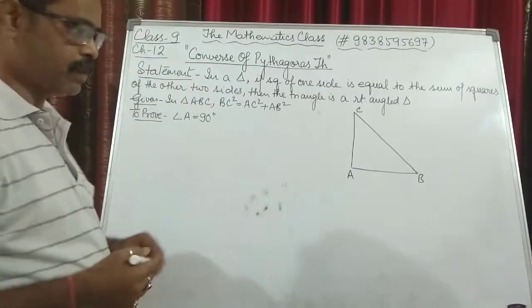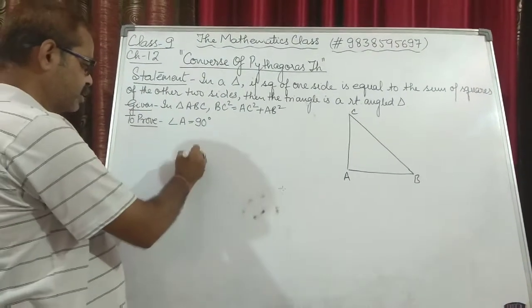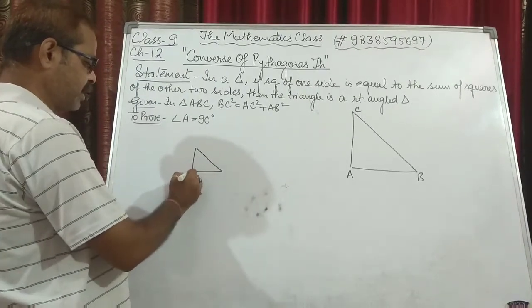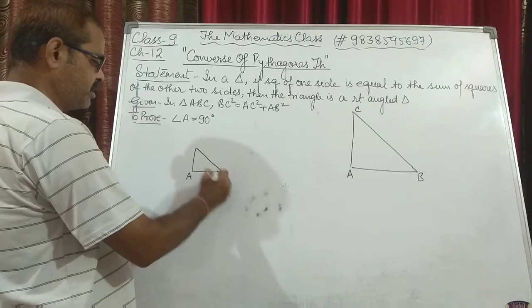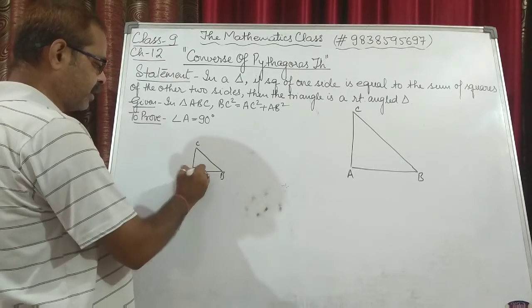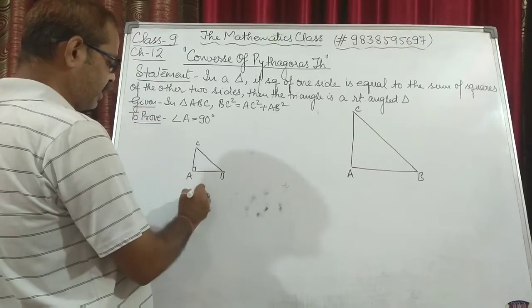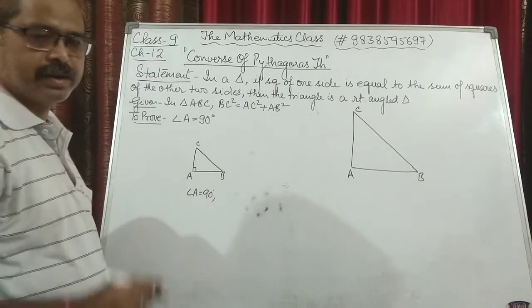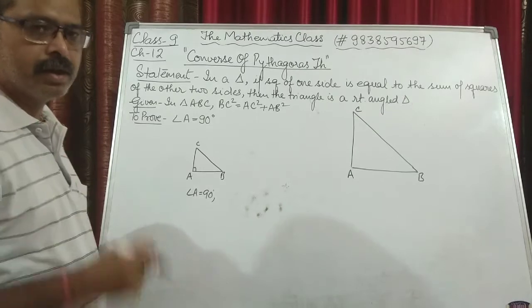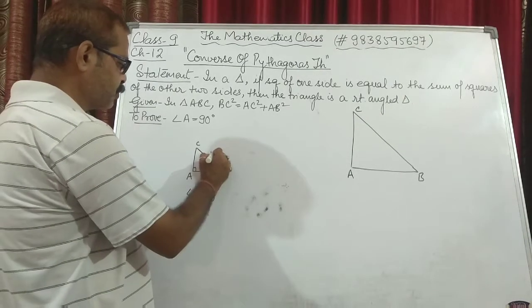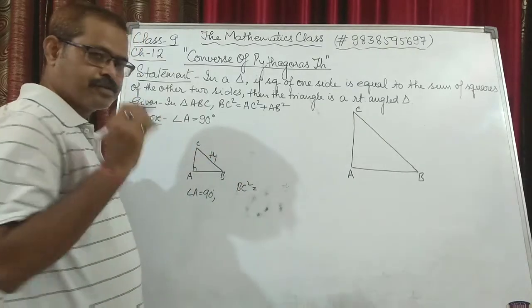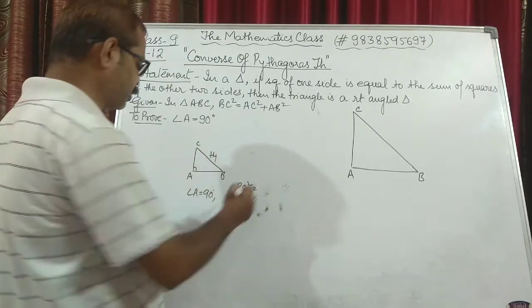So what was the Pythagoras theorem? It stated that in a right angled triangle, if ABC is a right angled triangle in which angle A is equal to 90 degrees, then the square of the hypotenuse is equal to the sum of the squares of the other two sides.